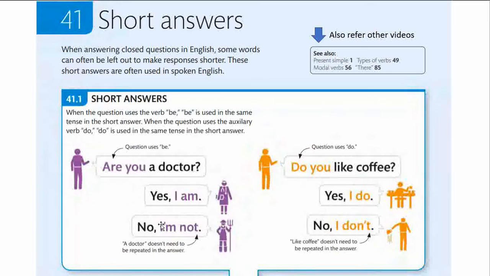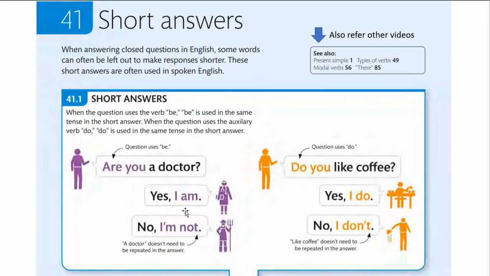Or if you want to reply in negative, no, I am not. This is a contraction: no, I'm not. And there can be another contraction, but remember the pointer: when you're writing no, at the end, not should come.